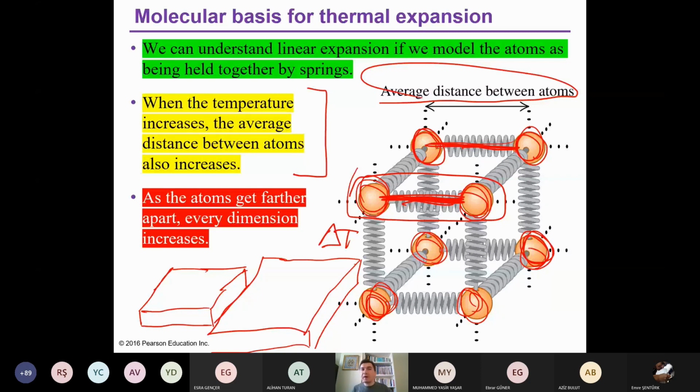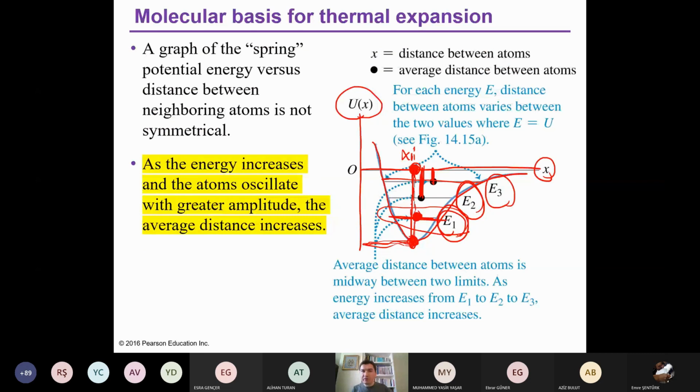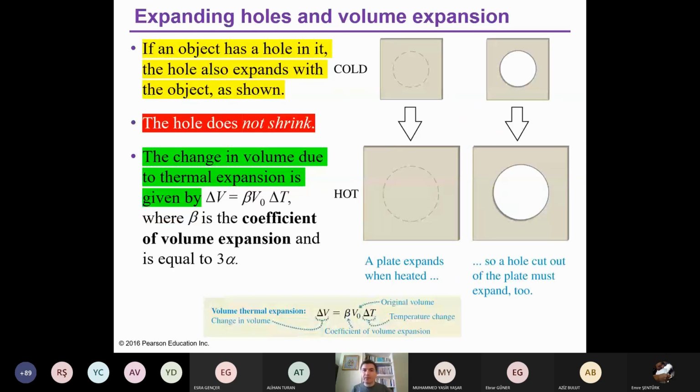And what about the expansion of holes and volume expansion? It is very important. Here we have a cold material, or let's say the temperature is around room temperature, 300 Kelvin, or let's say 27 degrees Celsius, and you heat this material, and now it is hot.